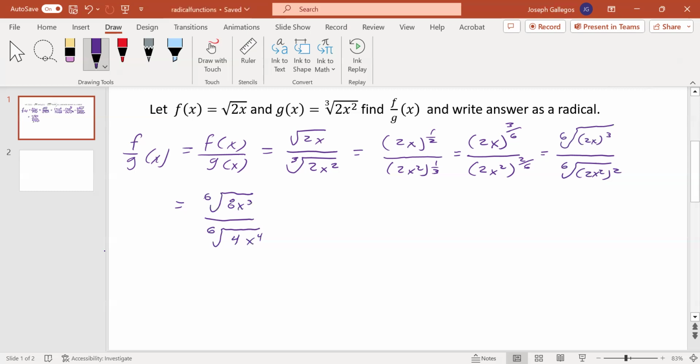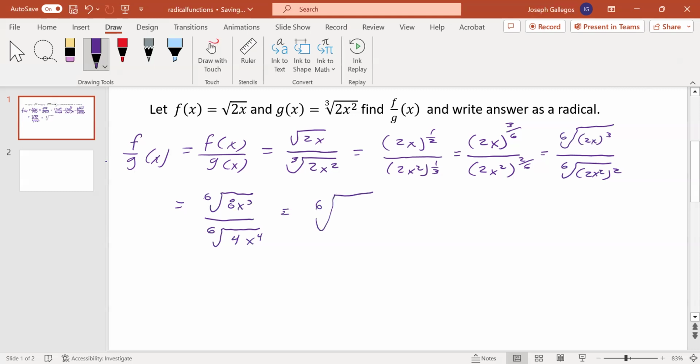And so we can do the division. We can apply the property that says the 6th root of n divided by the 6th root of m is equal to the 6th root of n over m, as long as they're real numbers. And so when we work this out, this is equal to the 6th root.